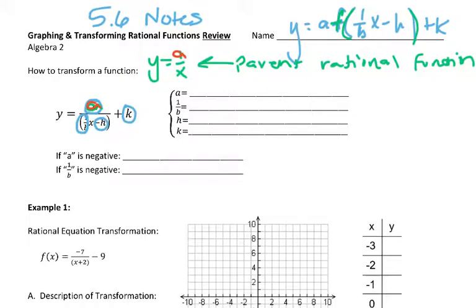that is going to vertically stretch or compress, depending on what the value is. And so we'll write that in here, vertical stretch or compression.